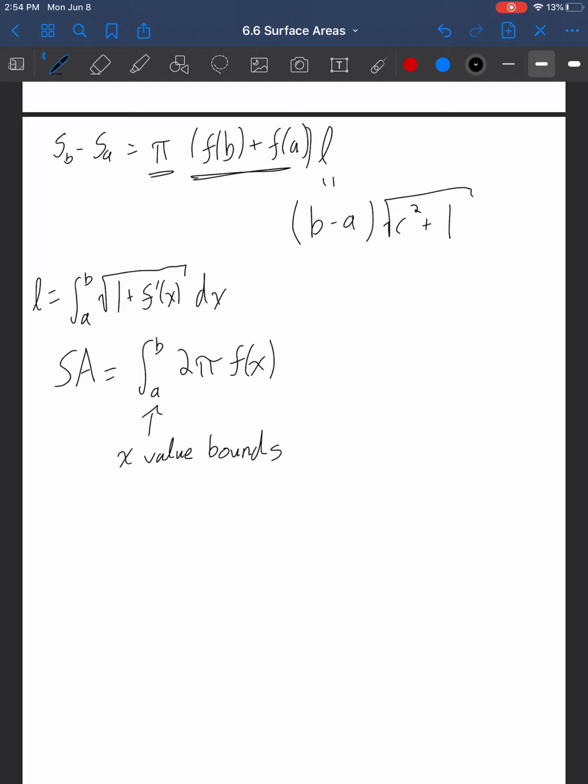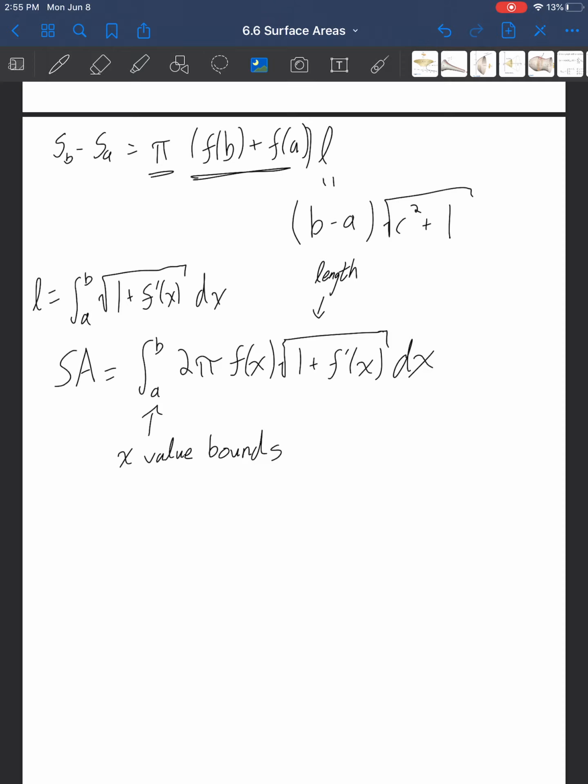That comes from the pi and f of b plus f of a. And then we also add in this length, which is the square root of 1 plus f prime of x squared, and this is coming from the length. And then taking the integral with respect to x. And that is the formula that we'll be using for surface areas. Okay, so that's where it comes from.